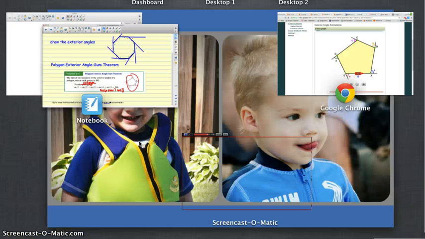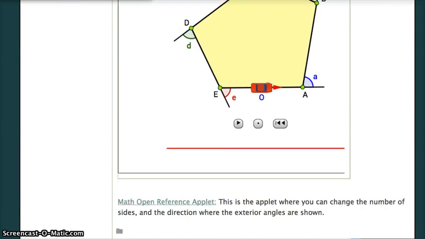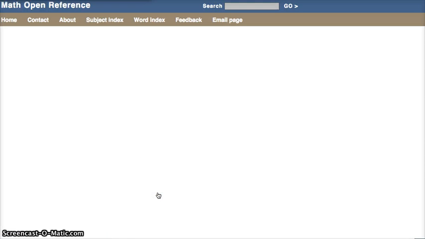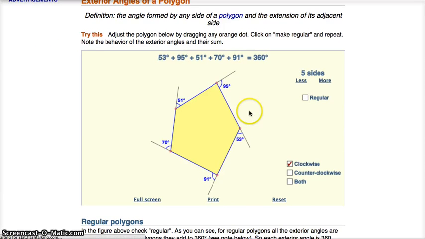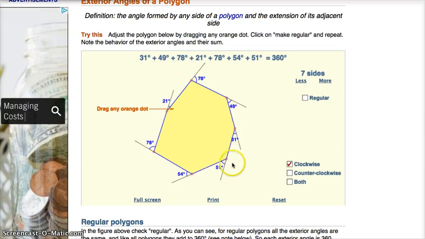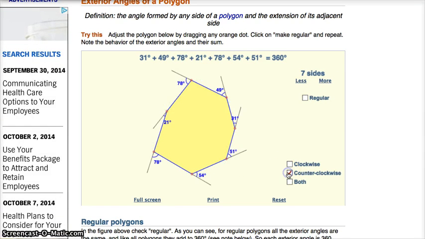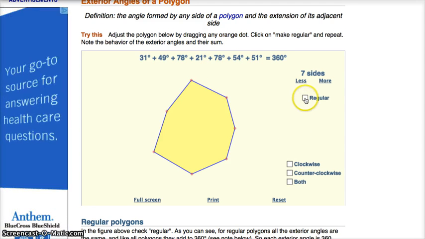One other thing, and it is on the website, is this Math Open Reference applet, and I've used this in class. It allows you to play around with the number of sides and to see all the angles on the outside, clockwise, counterclockwise, or both, and it allows you to make the figure regular.